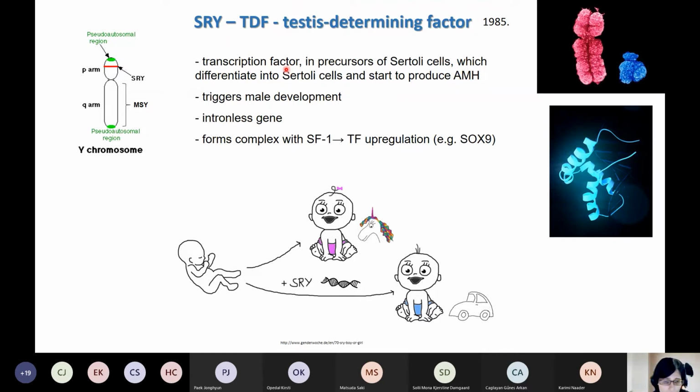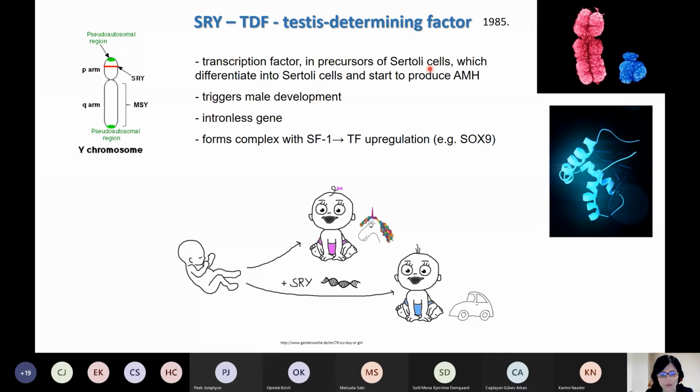This transcription factor will be expressed in the somatic support cells of the developing gonad. These somatic support cells are the precursors of the Sertoli cells. If these somatic support cells express the SRY, they will differentiate into Sertoli cells.